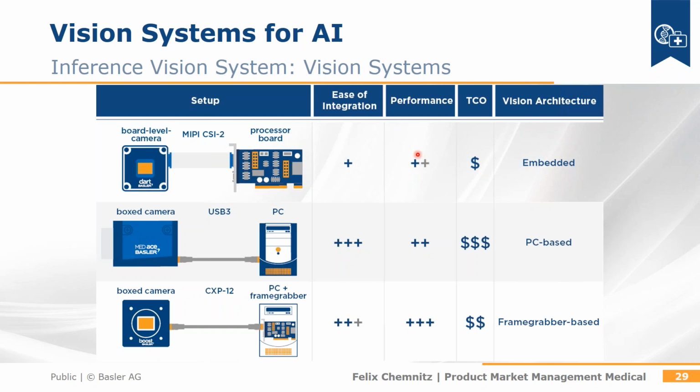If not, you would not have the biggest performance, but this would give you a total cost of ownership which would be the lowest in this comparison of the three different systems.